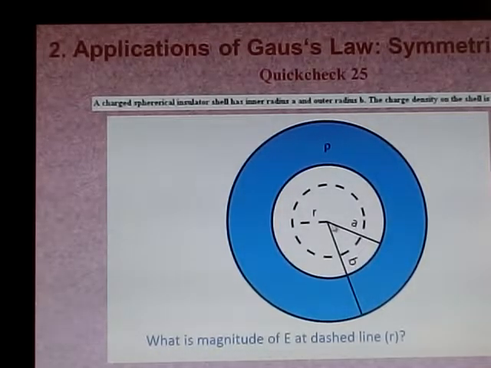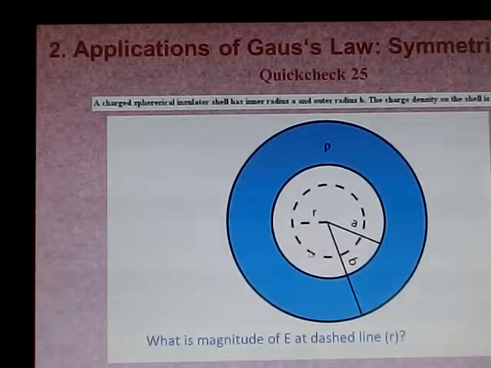Some may be tempted to think it is 0 because it is a conductor. How about this? Let's use Gauss's law to find the correct answer with the correct explanation. The charge is only in the blue region because the charge density is charge over volume. In the white region, there is no charge because the charge density there is 0.